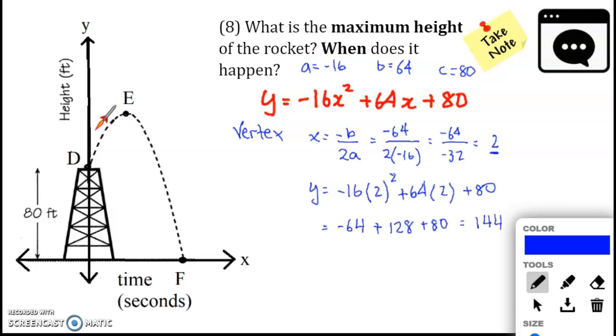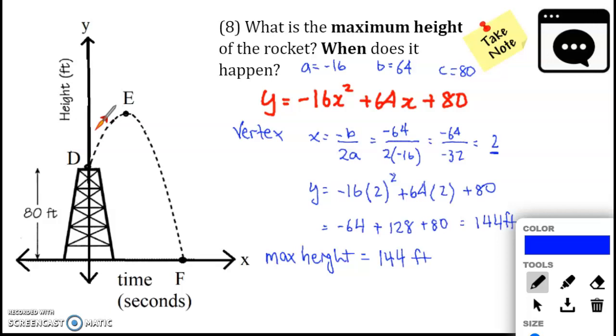Okay, and the y-axis is written in feet. The unit for that is feet. So what is the maximum height of the rocket? When does it happen? What is the maximum height? So maximum height is 144 feet. Again, when you're talking about maximum, we're talking about the y value only.